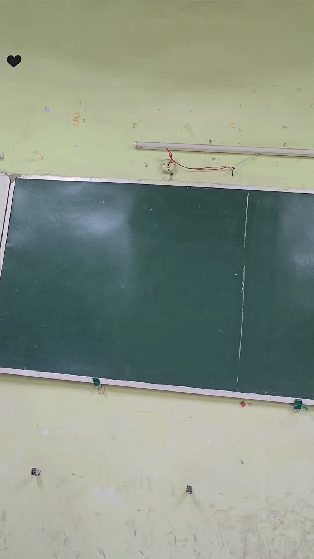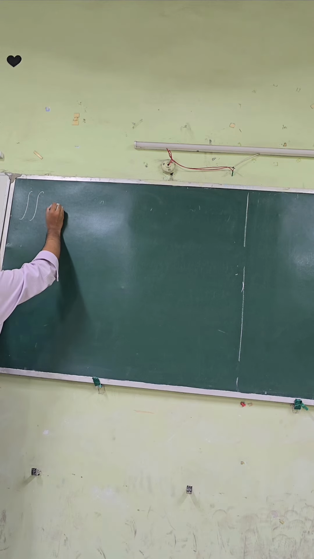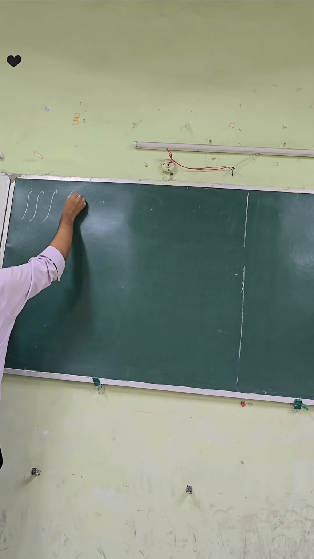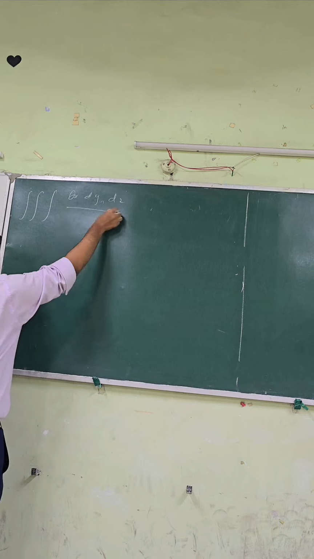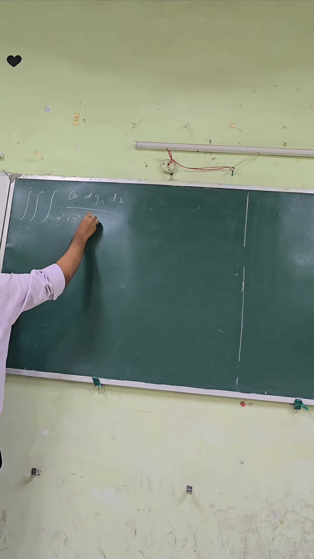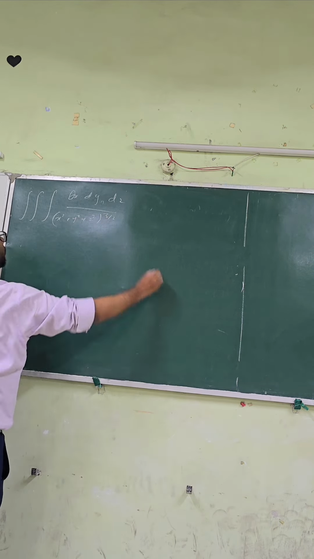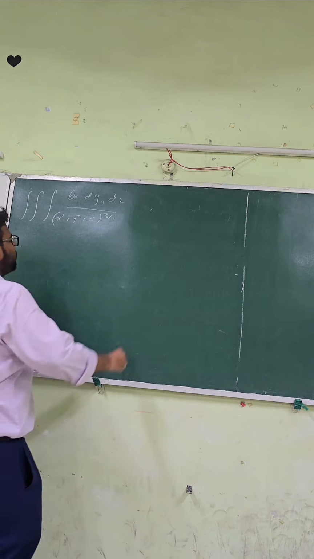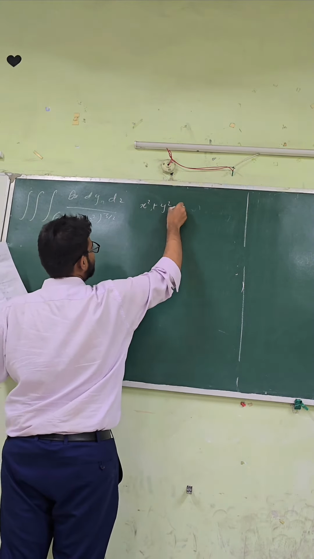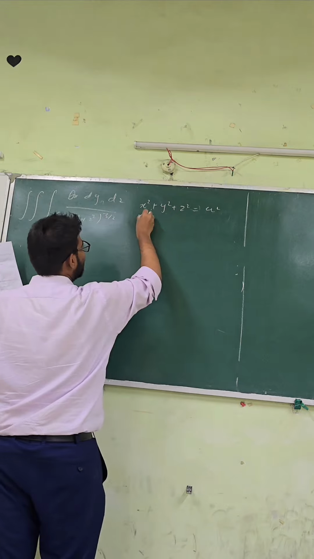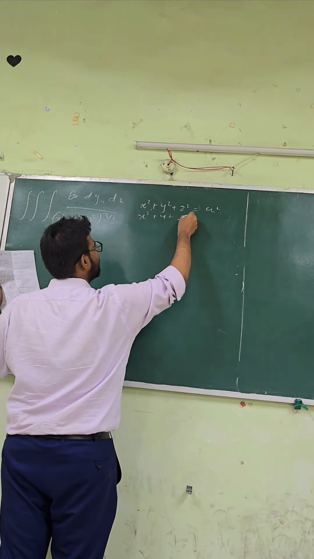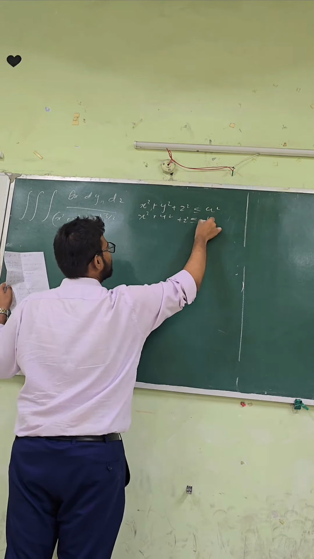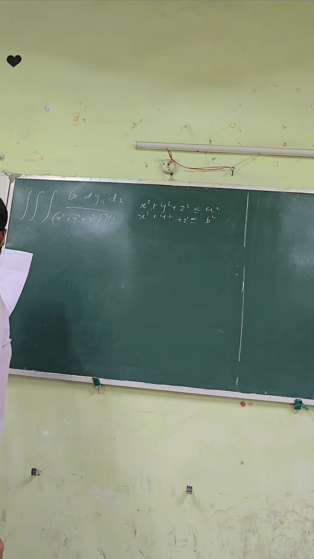Okay, so now let's see this question. We are given the triple integral dx dy dz of 1 over (x square plus y square plus z square) to the power 3 by 2, and the region is given by a square less than or equal to x square plus y square plus z square, which is less than or equal to b square.